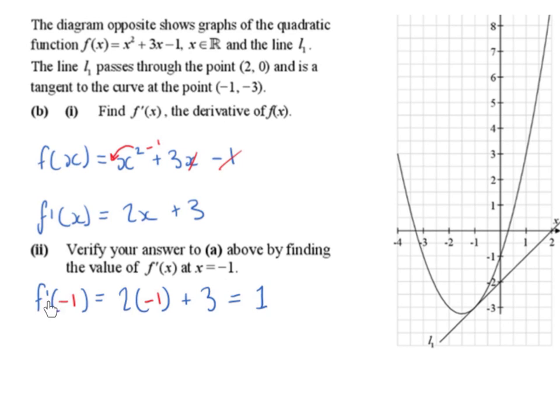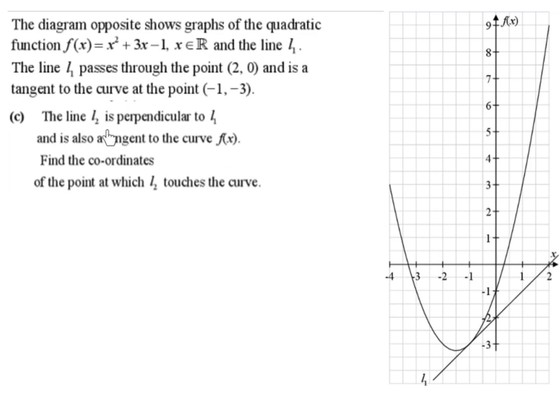So we get f prime of minus 1 is going to be 2 multiplied by minus 1 plus 3. So all we've done here is swap this x for a minus 1. 2 multiplied by minus 1 is minus 2. And minus 2 plus 3 is 1. And 1 is what we got in part A for the slope of this line. So we have verified that our answer is correct.